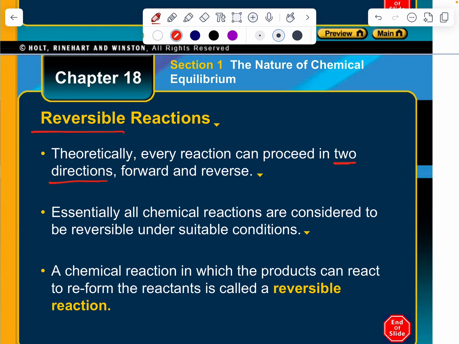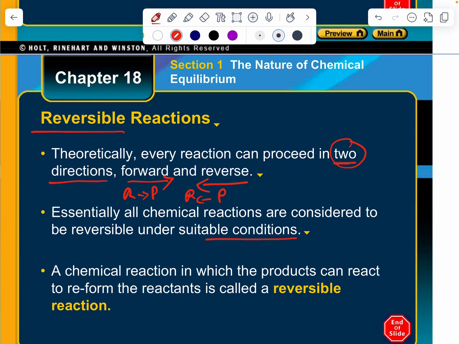One is the forward, and the other, the reverse reaction, goes back. When we say forward, reactants give products, and when we say reverse, products give reactants again.